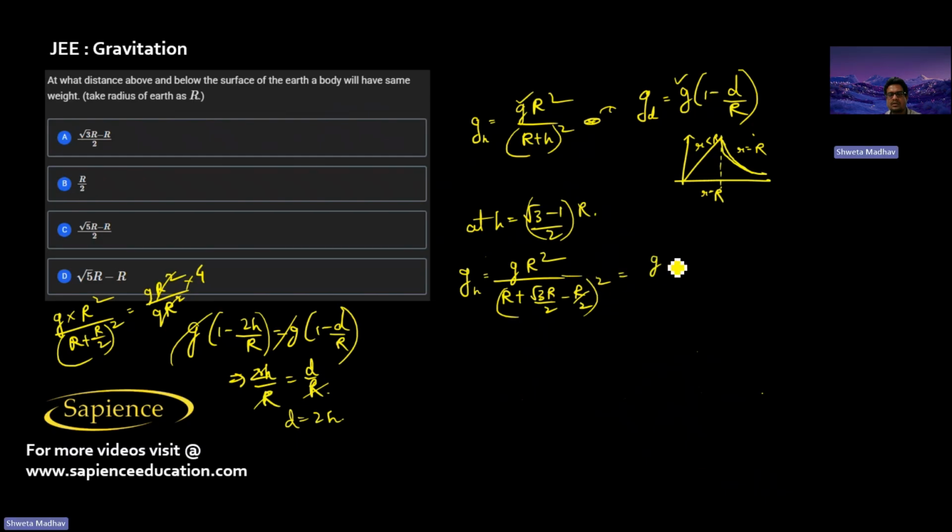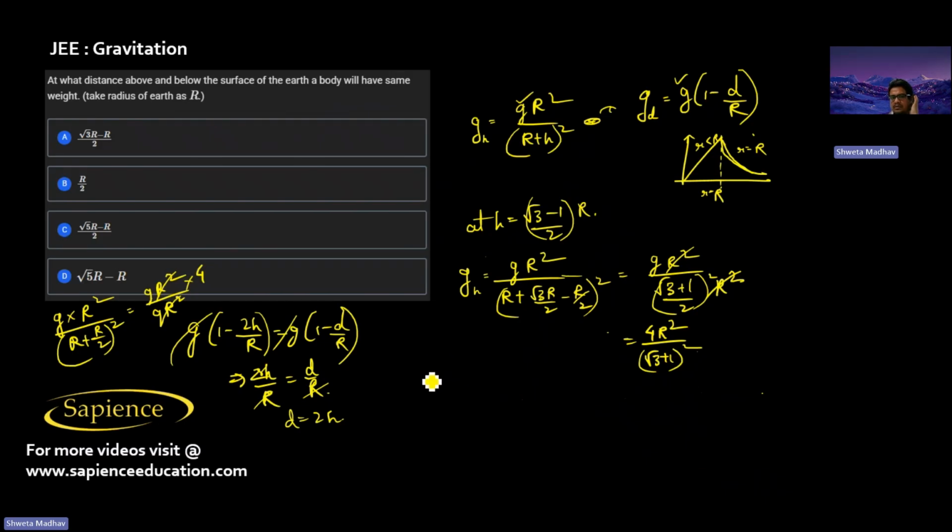So this will be g R square by R by 2 into root 3 plus 1 whole square. R square will cancel. So this is 4 by root 3 plus 1 whole square into g.